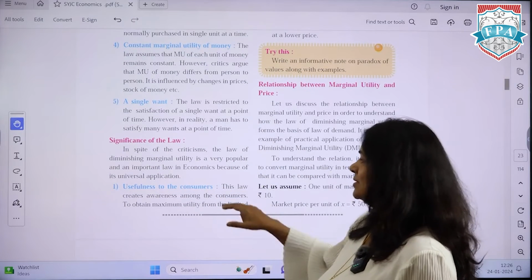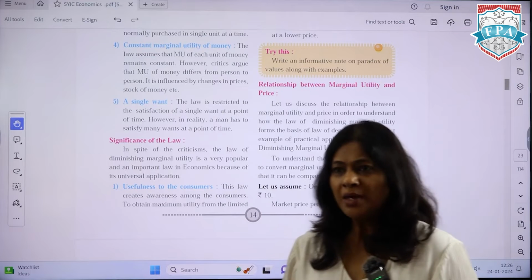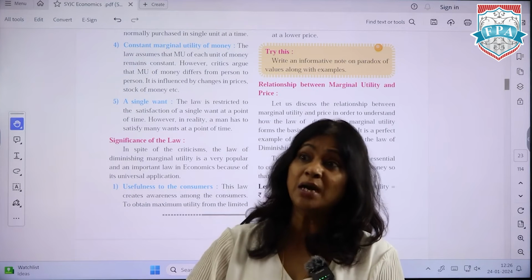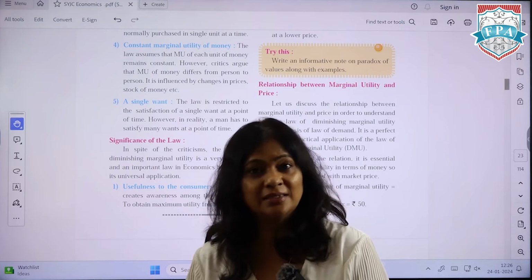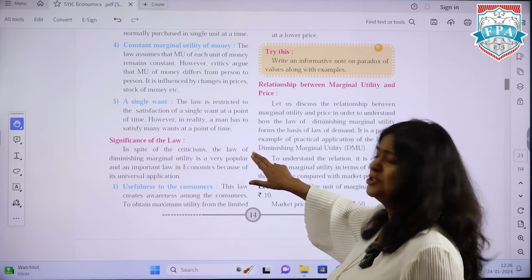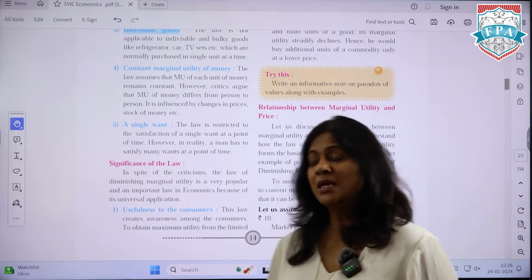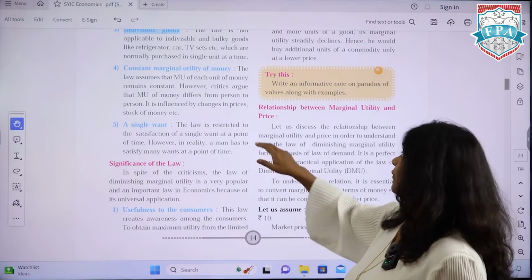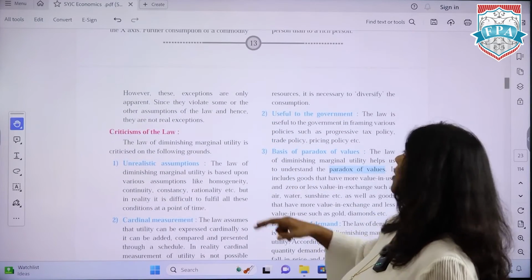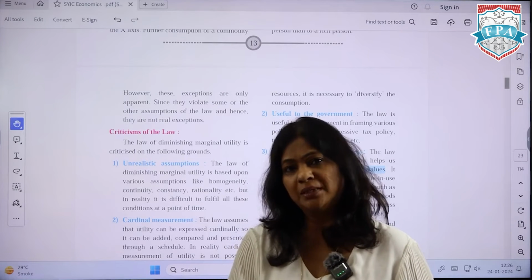It is useful because it helps the consumers to understand what is that thing which is giving them the maximum benefit, or why they don't want to buy something, maybe they are satisfied. So it helps you to understand. So it's useful to the consumers. So you can just write down that it creates awareness amongst the consumers for them to understand why they are buying a particular thing, or how they diversify their consumption if they are satisfied using a particular thing.